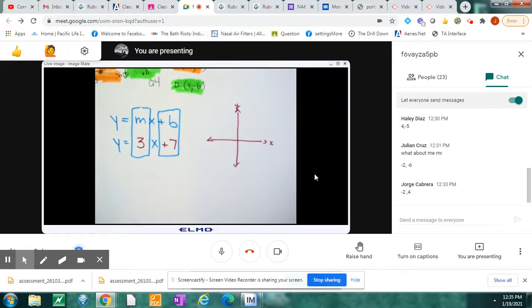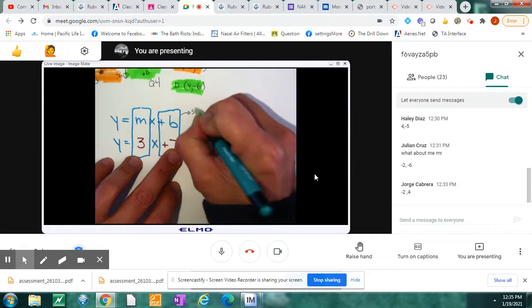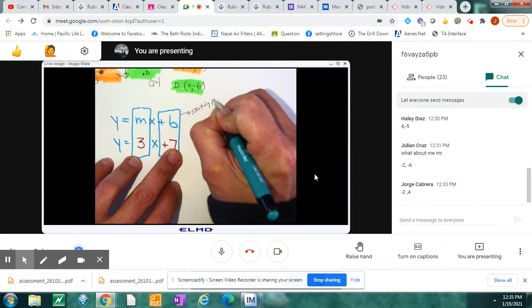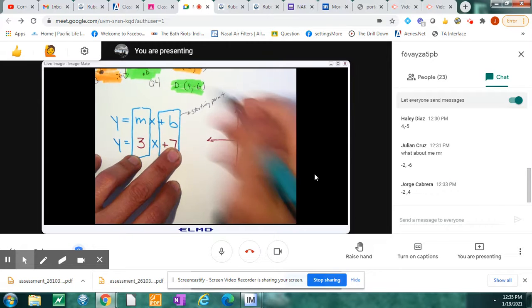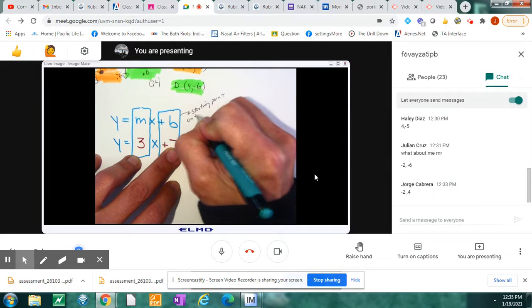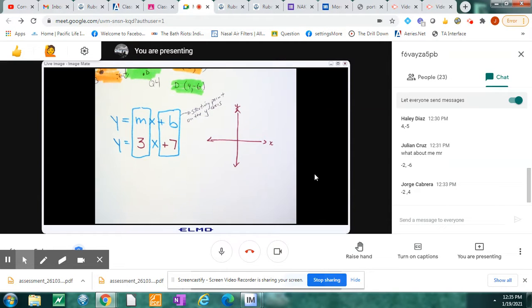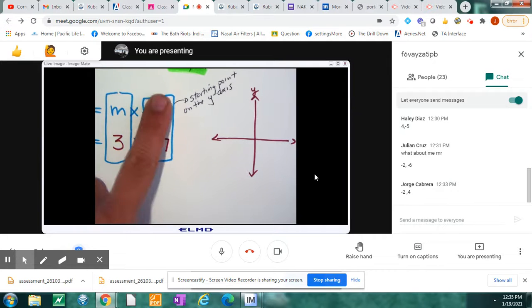Okay, so the b is always what's called your starting point on the y-axis. So whatever it is, that's your starting point. That's how you're going to start your graph.